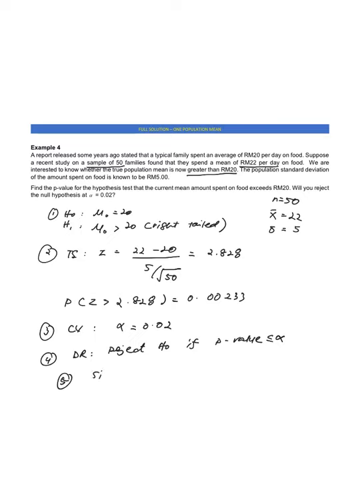So since 0.00233 is greater than 0.02, we fail to reject H naught. Okay, this means that mu is equivalent to 20.